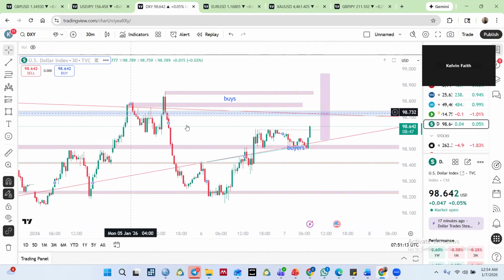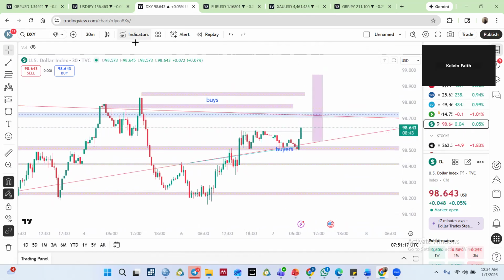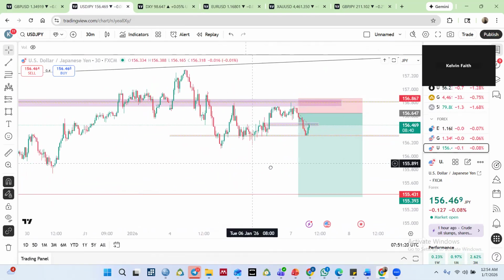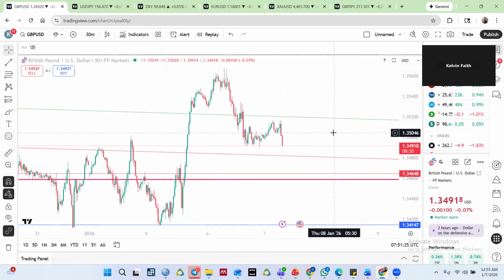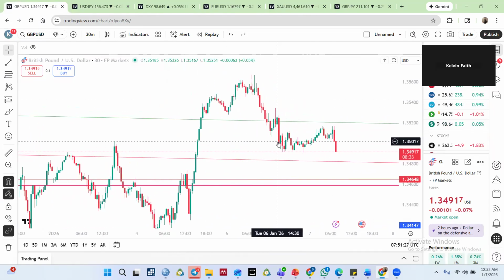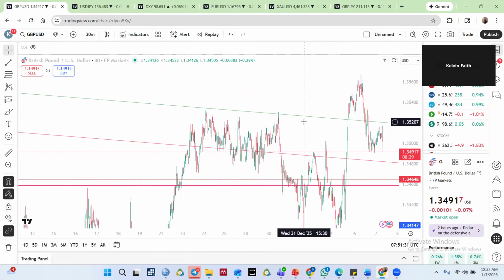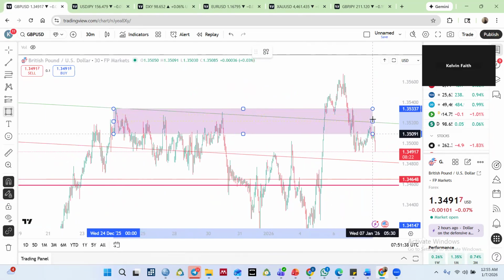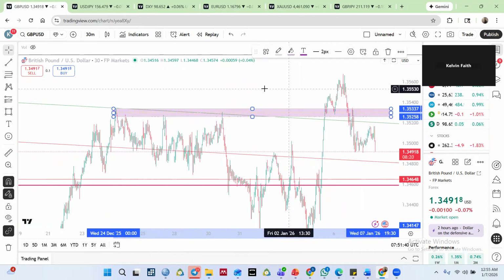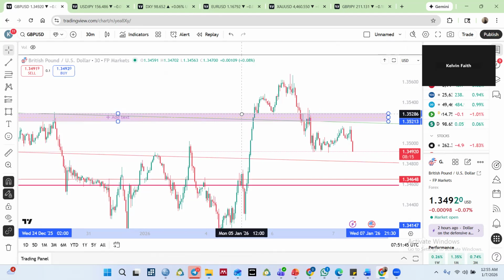Yeah, it looks like everything is playing well. This is GBP USD. GBP USD is also staying below this area of resistance here, and staying below this area of resistance here.